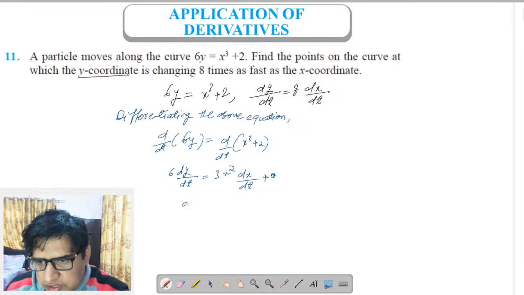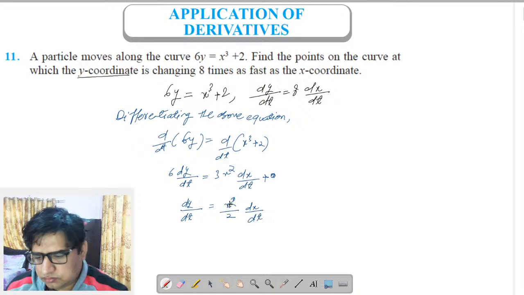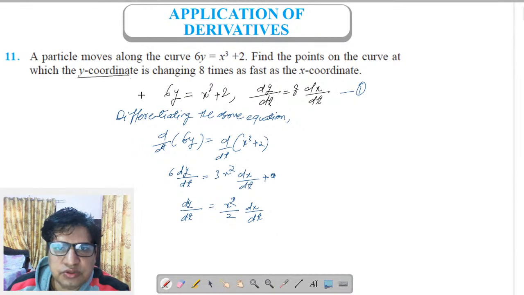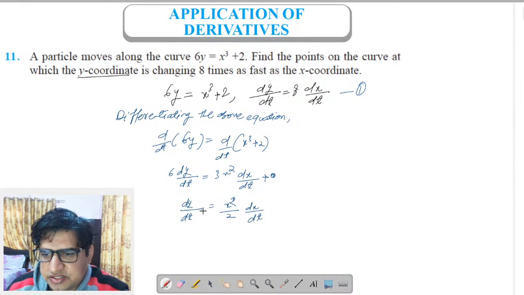So here we have dy/dt = (x^2/2) dx/dt. So here we have this equation, and it is given to us that we need to find the point on the curve at which dy/dt = 8 dx/dt, and we managed to get dy/dt = (x^2/2) dx/dt.